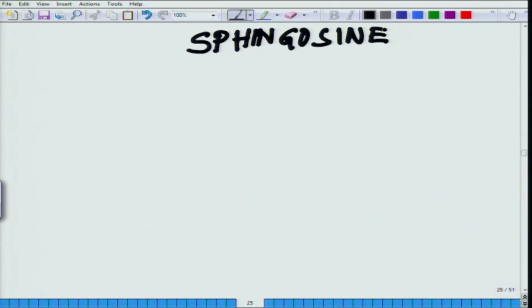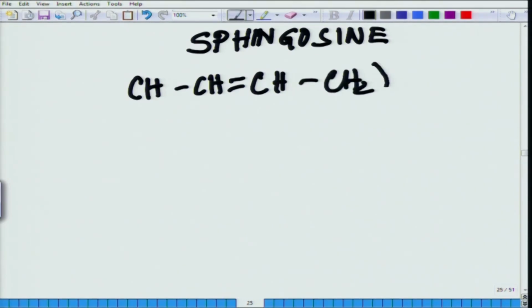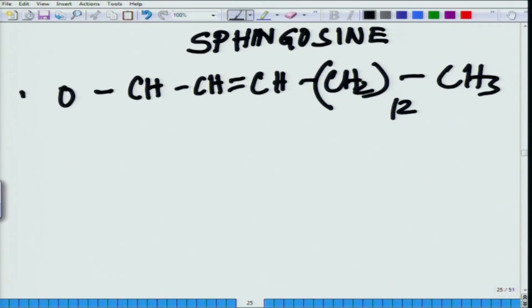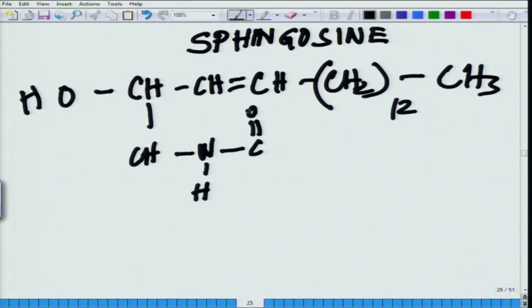Sphingosine group. So, this is like CH, CH double bonded with CH, CH2, you have 12 molecules of it, and then you have this thing, and on this side you have the OH, alcohol group, CH, NH, C double bonded with O, and you have the whole fatty acid attached.